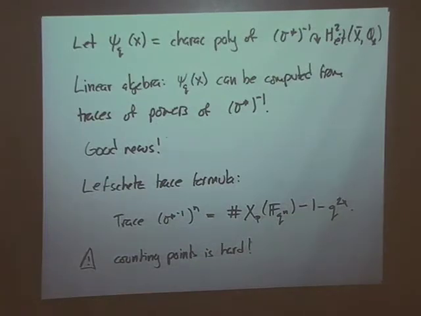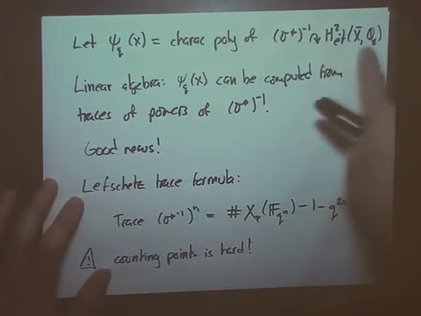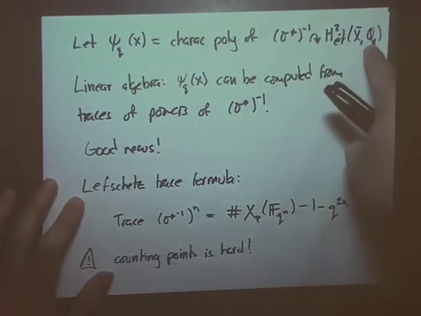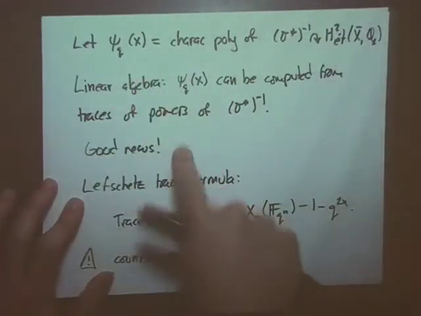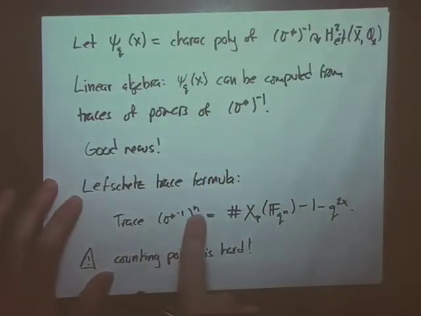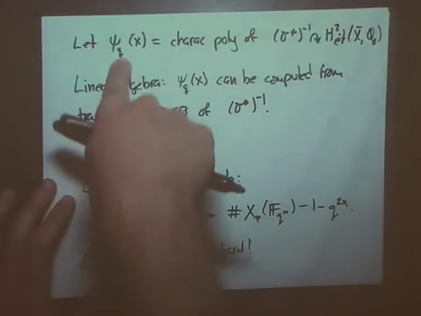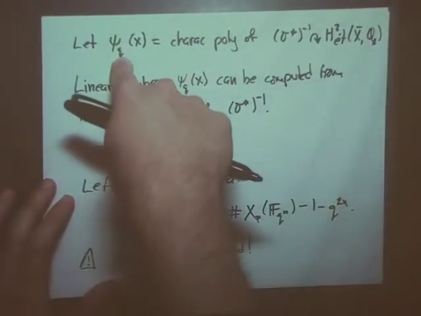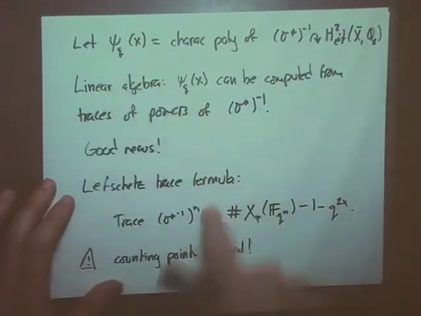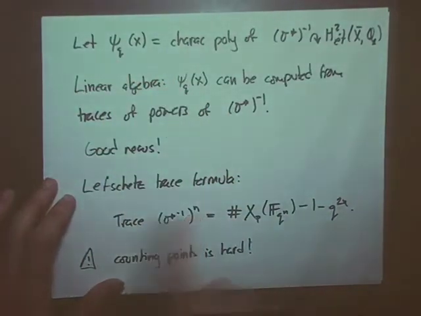The other thing though is there are lots of little tricks that you can use. So for example, this thing was a 22-dimensional vector space. If you look at the linear algebra that's involved, in theory I need traces of phi star inverse up to n equals 22, but there's a functional equation that comes from the Weil conjectures that this characteristic polynomial has to satisfy that will immediately cut down n by a factor of 2.